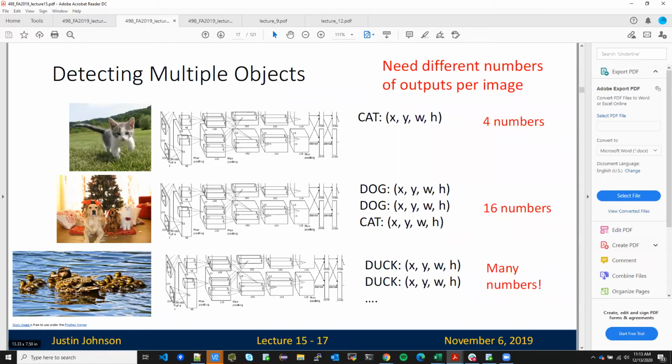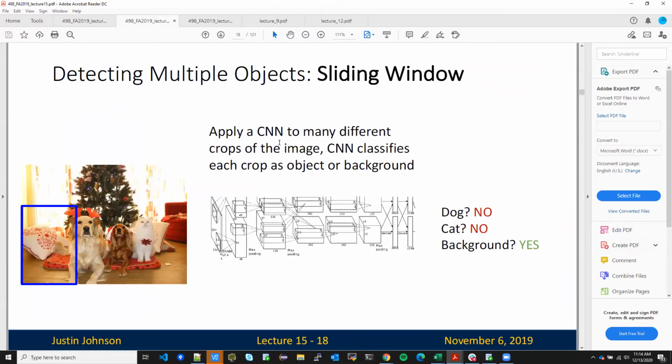Here there's a bunch of ducks, so you have to predict many different outputs per image. So what people did for multiple objects is, one way you could do it is to have a sliding window.